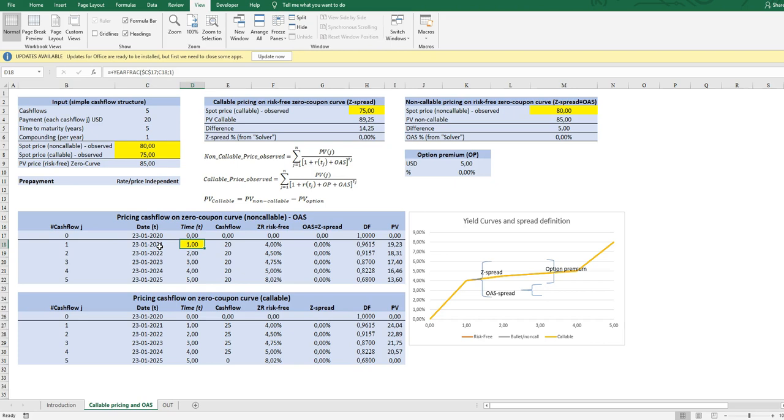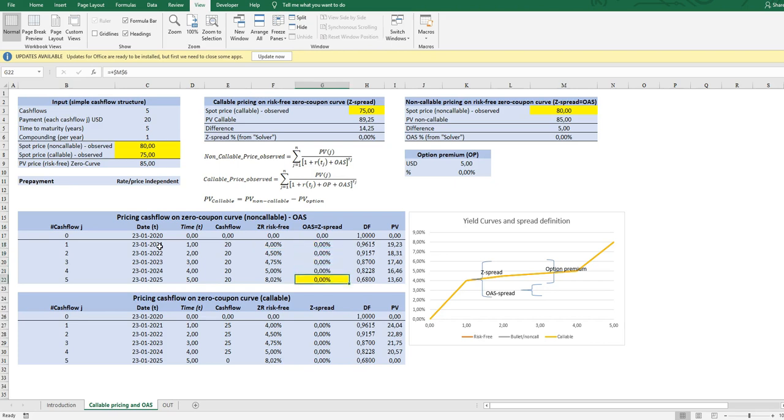And this is the non-callable structure. You see the 5 times $20 expected to be paid out according to the inputs. We have the government bond risk-free curve, all zero coupon yields.